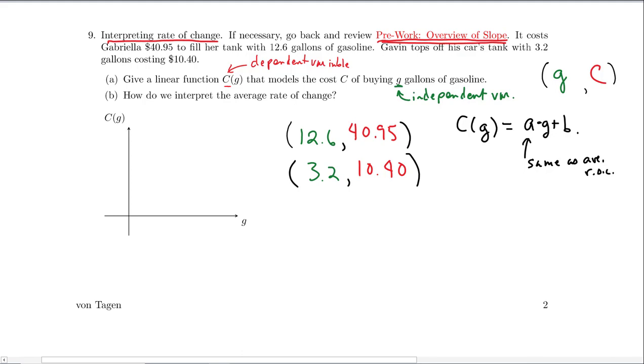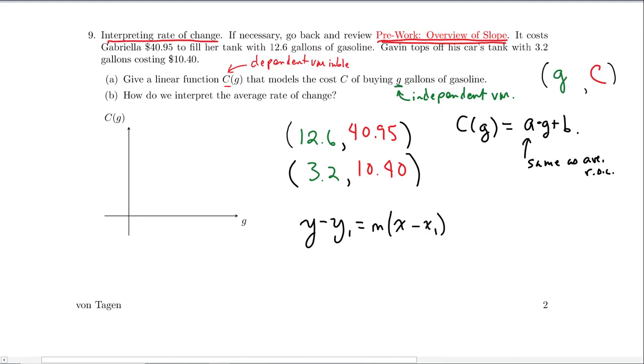So let's go ahead and start building this linear model. We'll start off just using the variables x and y here, the way we might using the point slope form of the line that we talked about. So if I use y1 and x1, we'll just know that I'm talking about the G and C of G coordinates here.